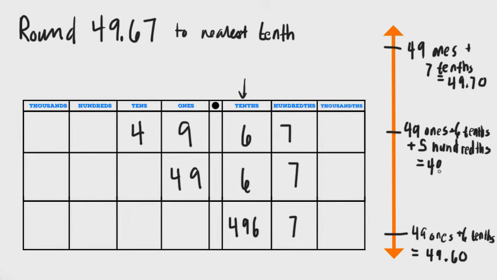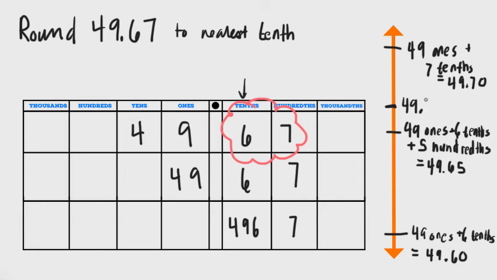So now it's 49.65. Now we can take our number, 67, and we're going to place it on this number line that we created. It's above 65, so it's going to be about right here, and I'm just going to write in 49 and 67 hundredths.